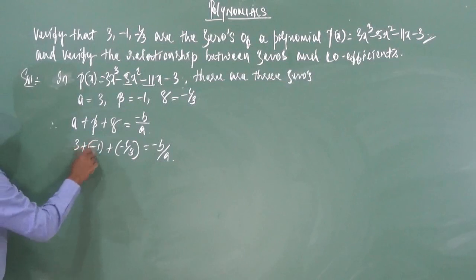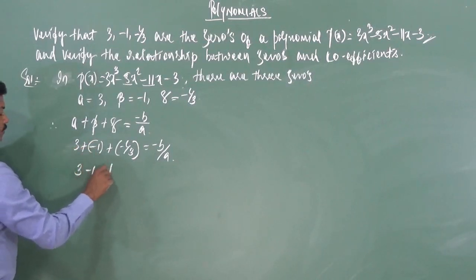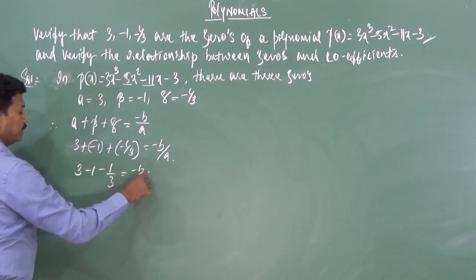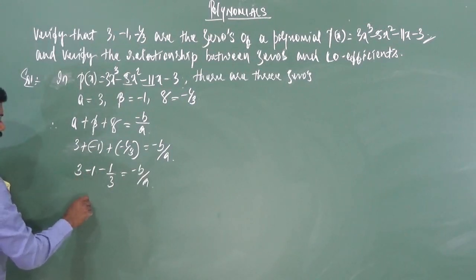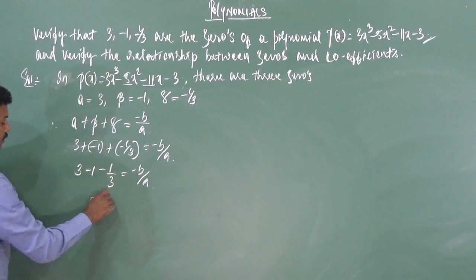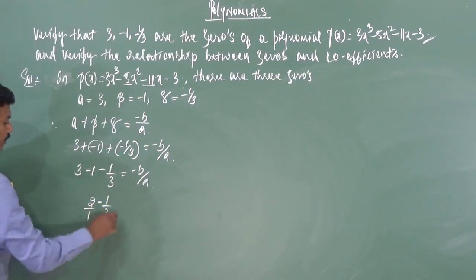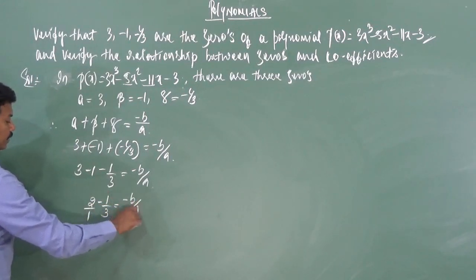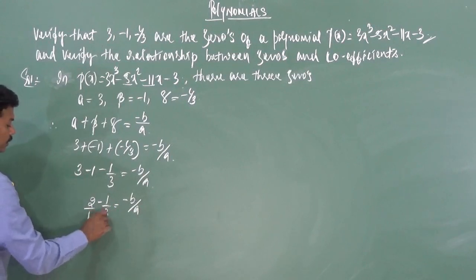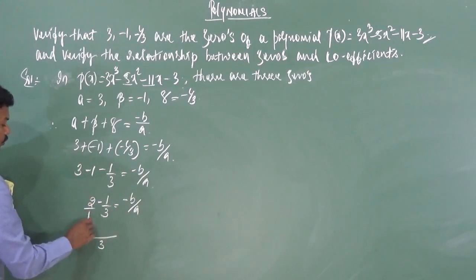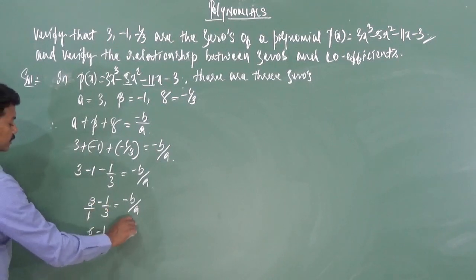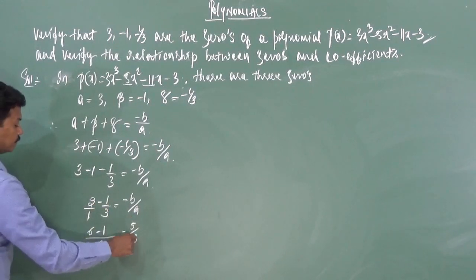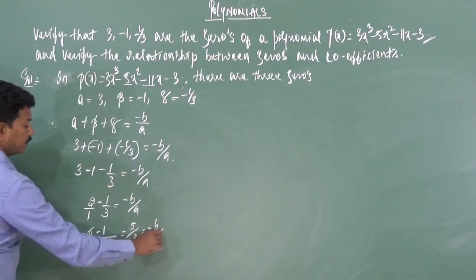So 3 plus into minus is minus 1, minus 1 by 3 is minus b by a. So 3 minus 1 is 2 minus 1 by 3. By 2 we can have 1 as the denominator, minus b by a. 1 and 3 LCM is 3. 2 by 1 into 3 is 6, minus 1 by 3 into 3 is 1. So it is 5 by 3, which is equal to minus b by a.